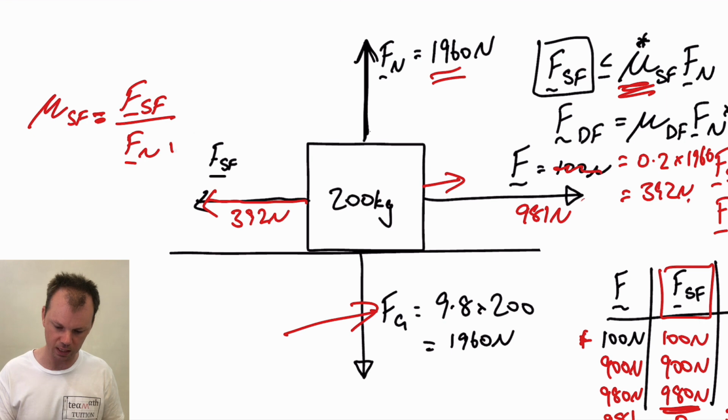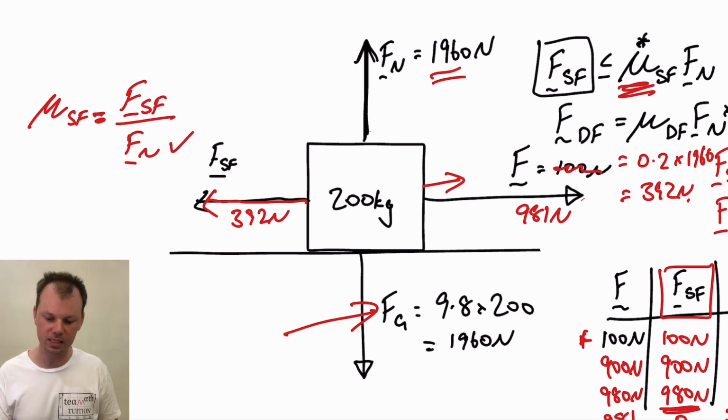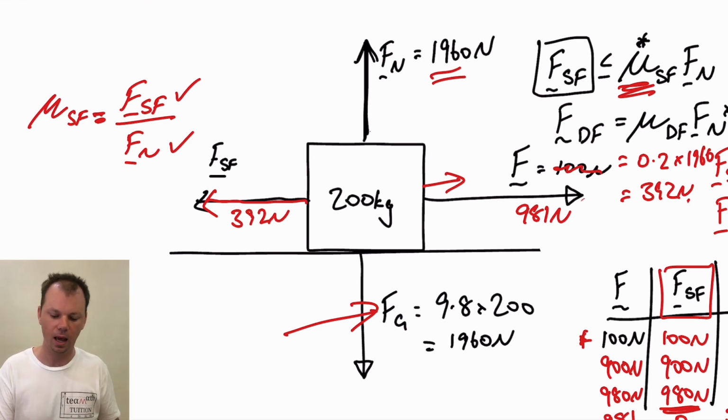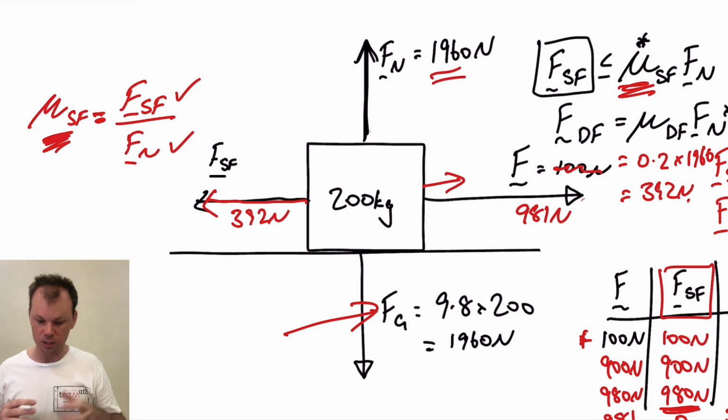We also know the static friction force because we know how much force we're applying. So if you can measure the weight of the object and you can measure how much force you're applying to it right at the point that it starts moving, you can work out this coefficient of static friction. So that's the coefficient of static friction.